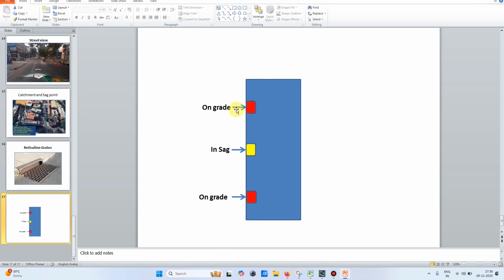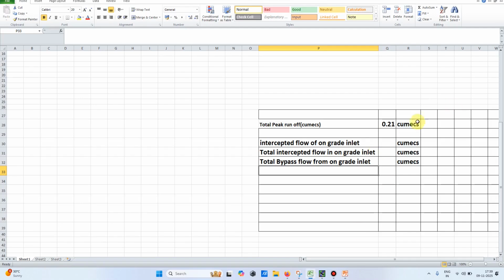So I will get the intercepted flow from one inlet and multiply it by 2. The total flow minus the intercepted flow will give me the total design discharge coming into this sag inlet. I have created a table for this. My total design flow would be 0.21.